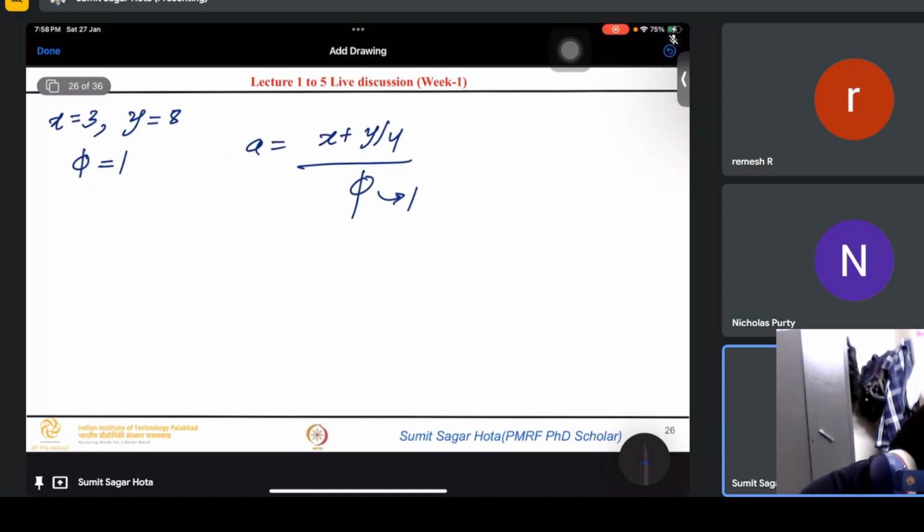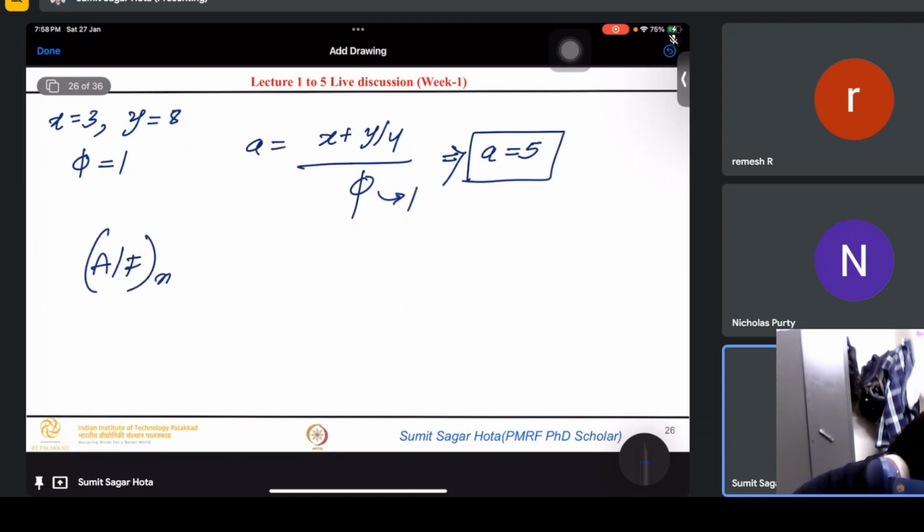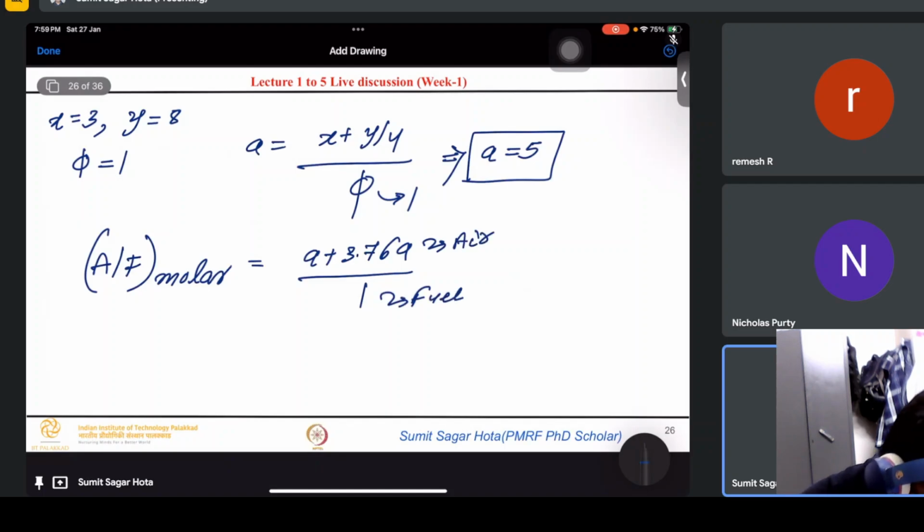X is 3, Y is 8, if you solve it, your A is 5. Then A plus 3.76 A divided by 1, here this is your 12.